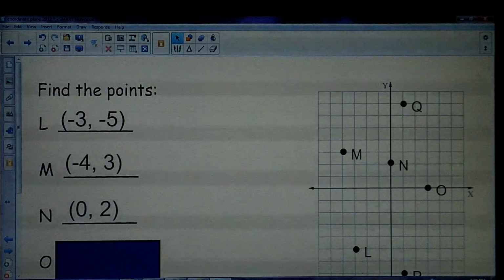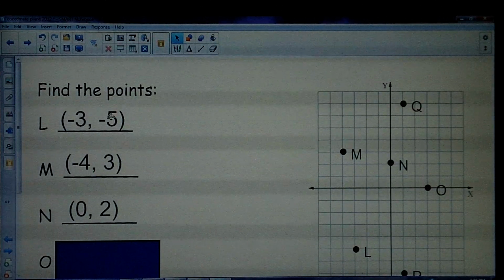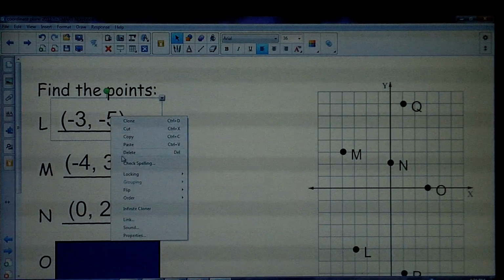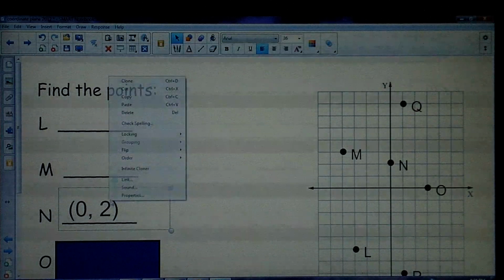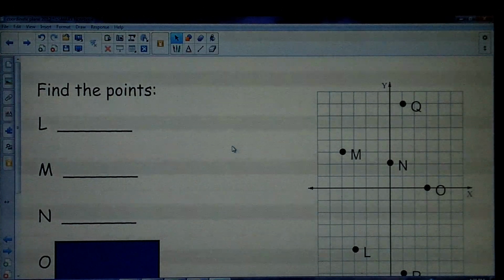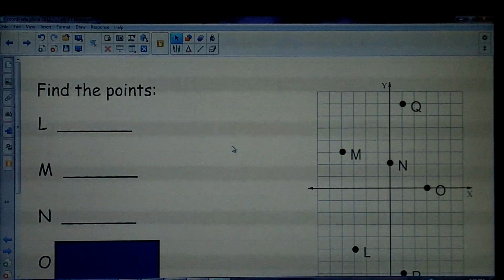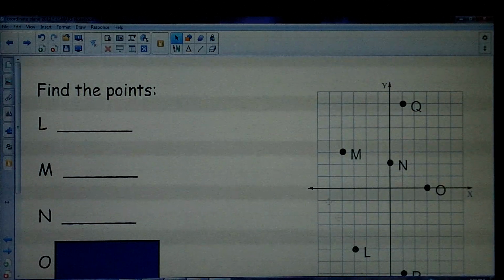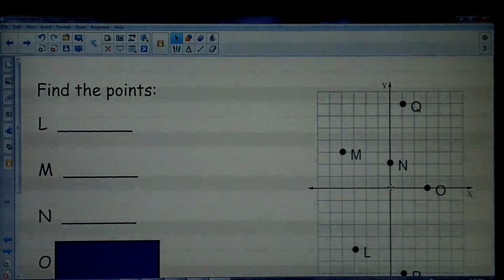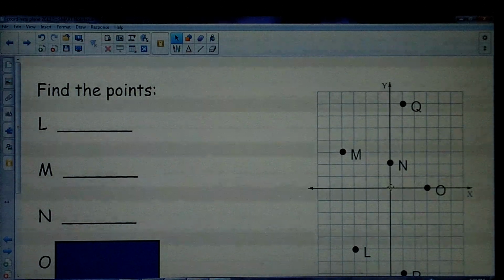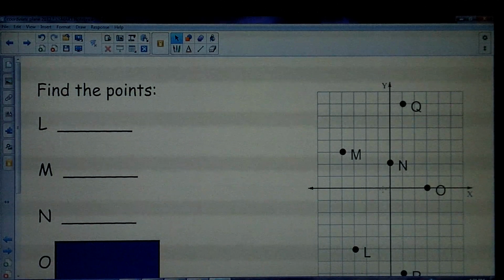Now we are going to tell where the points are. So I'm going to come over here, and just like when I was plotting them, I'm going to start in the middle, the origin, and I need to go, remember the x is first, and that's the right or the left.